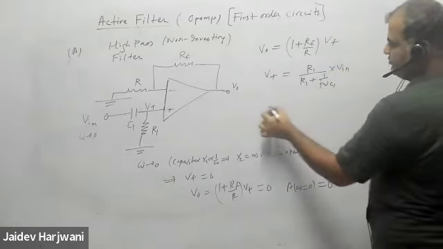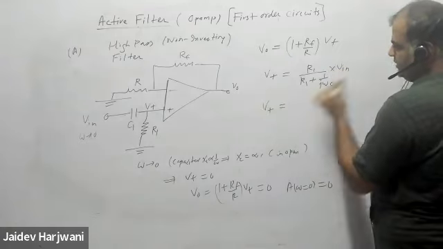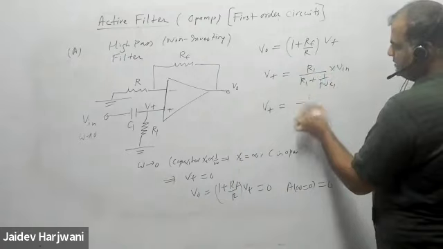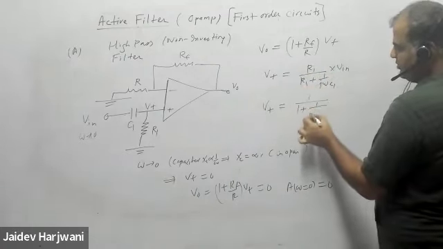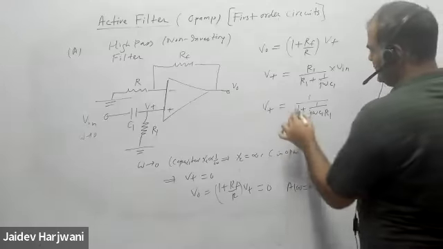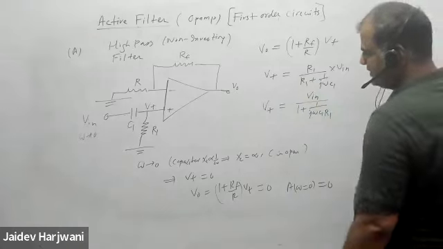Dividing by R1, this becomes 1 upon 1 plus 1 upon j omega C1 R1, times V input. This is my V plus.